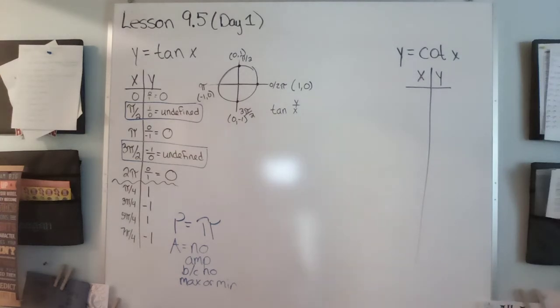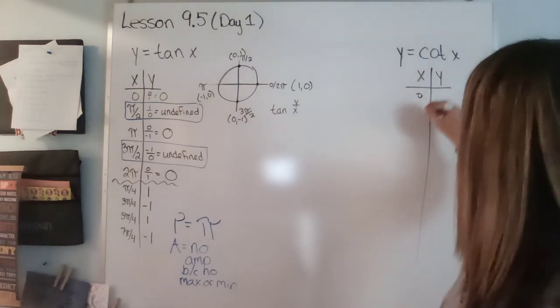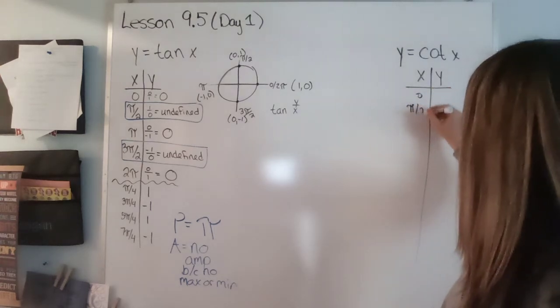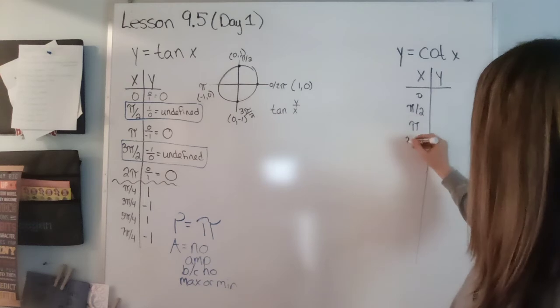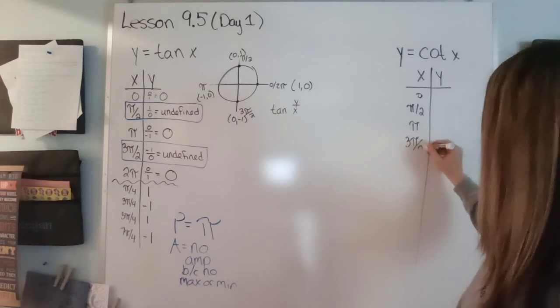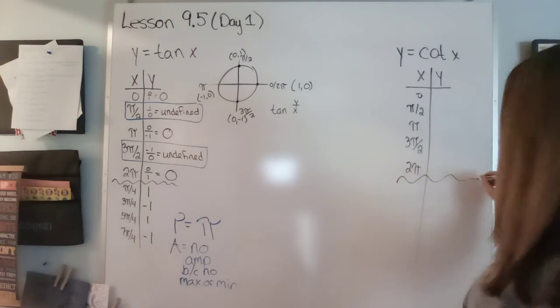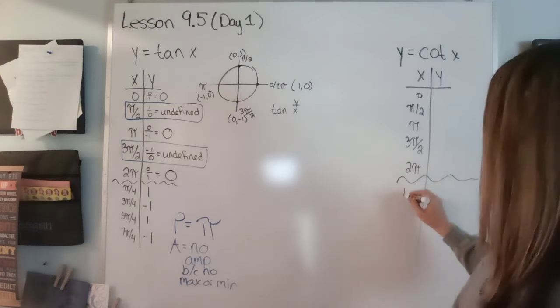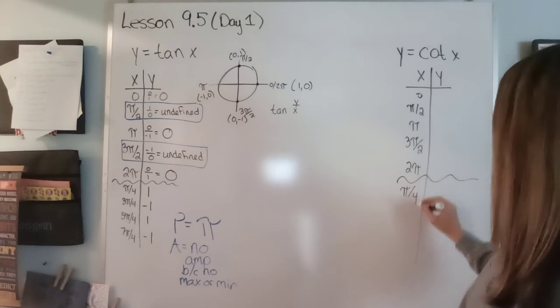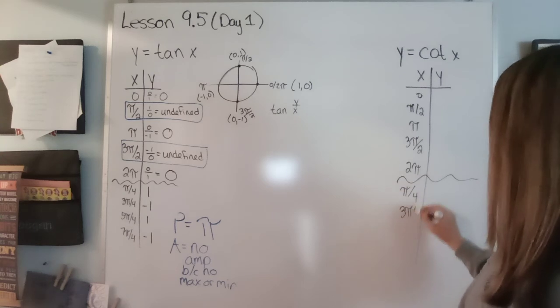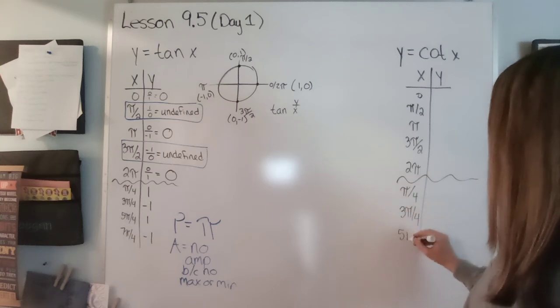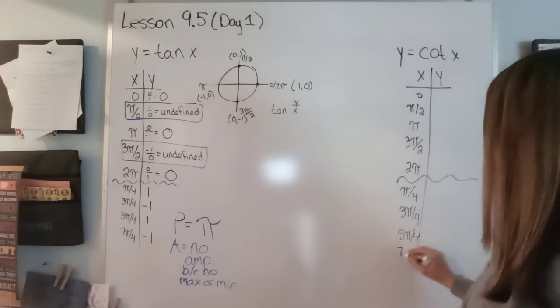Okay, so I'm still going to use those same core points, 0, pi over 2, pi, 3 pi over 2, 2 pi, and then I'm going to have to extend just like I did over there and use pi over 4. So pi over 4, 3 pi over 4, 5 pi over 4, and 7 pi over 4.